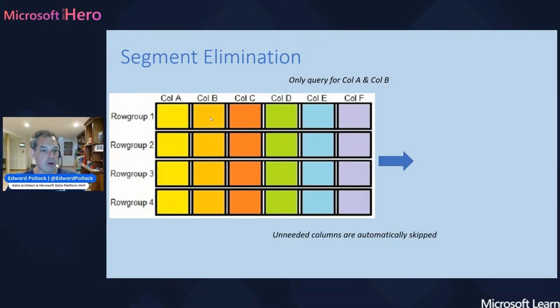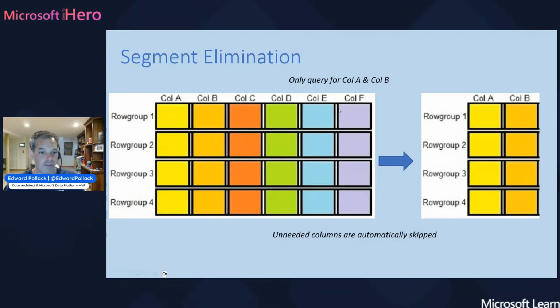Therefore, if I query for only some columns, I don't read all the rest of the segments. So for example, if I were to query for columns A and B only, I would only read segments for columns A and B. Therefore, C through F are just skipped, and 2/3 of this table is skipped automatically. I don't have to do anything. This just works. By querying fewer columns, they simply get skipped.